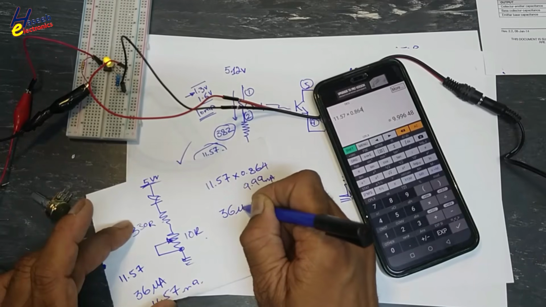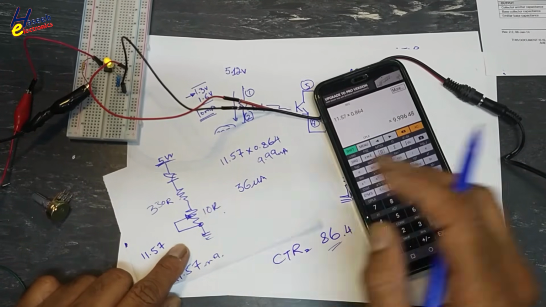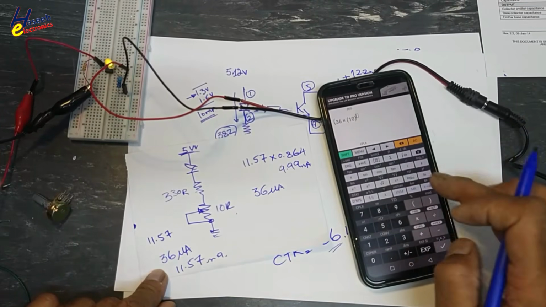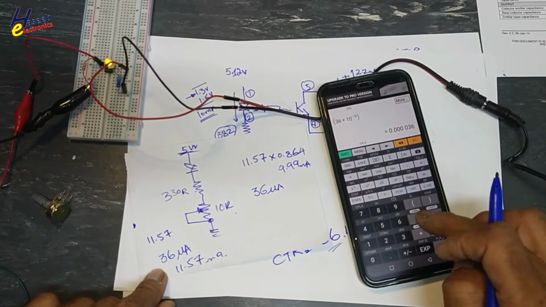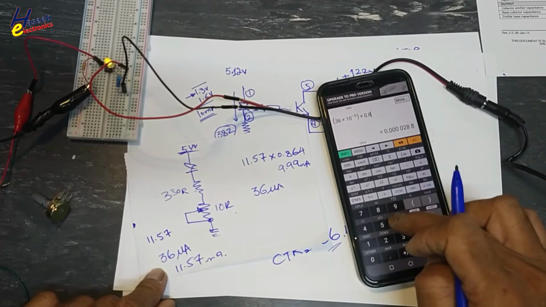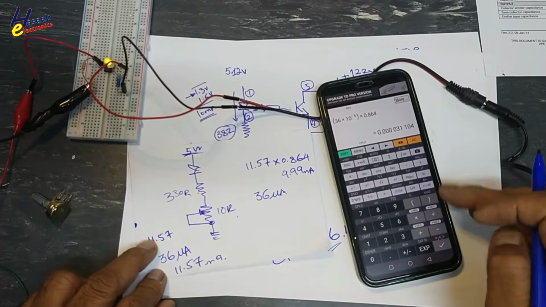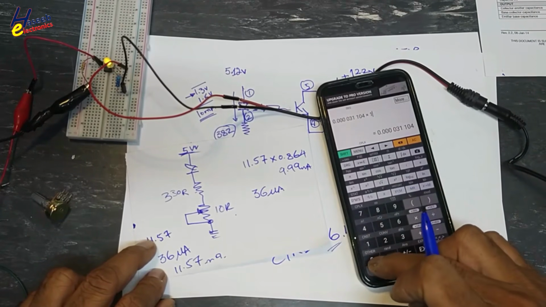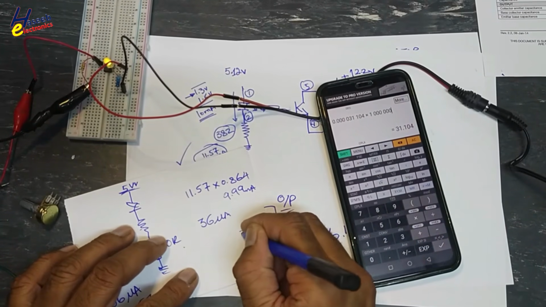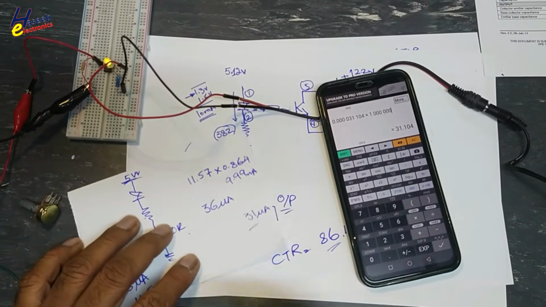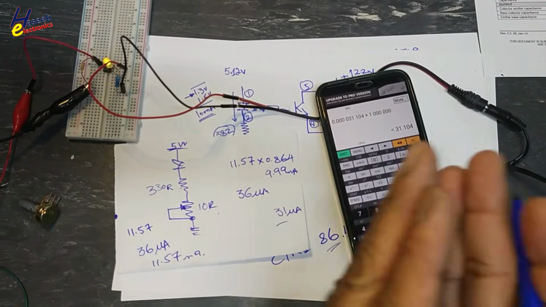If current is 36 microampere, when we will adjust this potentiometer to maximum, 36 micro, 10 raised power minus 6, multiply with 0.864. The current will be 31 microampere. With the same ratio, the current will flow in the secondary side.